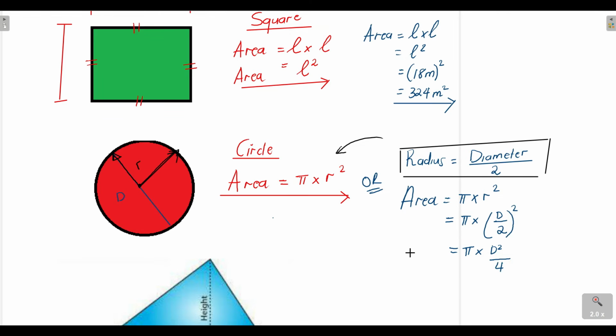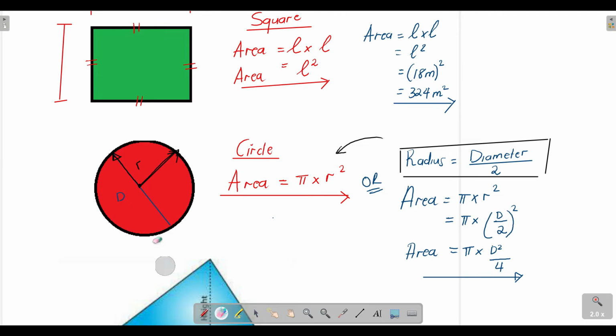So that is another way that we can look at it, if you wanted to calculate the area of a circle by just using the diameter without taking your diameter and dividing by 2 to get your radius. I'm just doing this to open your mind up to different ways of looking at how we can calculate the area of a circle.